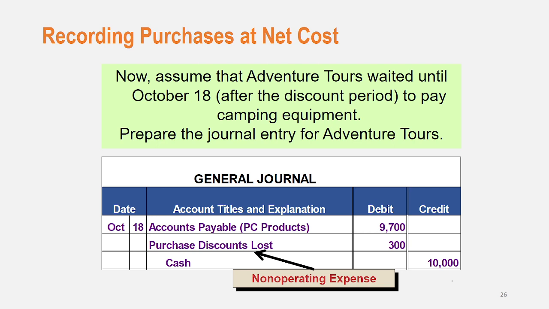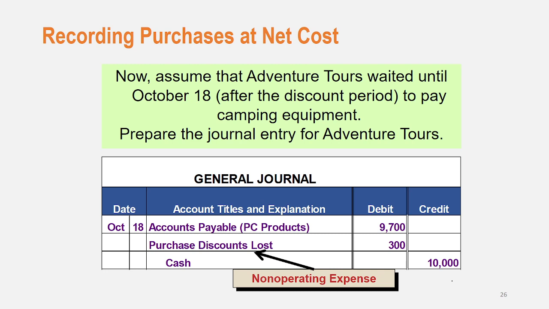Okay, let's look at the next economic event or scenario. On October 3, again, Adventure Tours purchased 50 sets of camping equipment for $200 each from Outdoor Supplies Corporation. We have the same credit terms, that is 3% within 15 days, otherwise the total amount is due in 30 days.